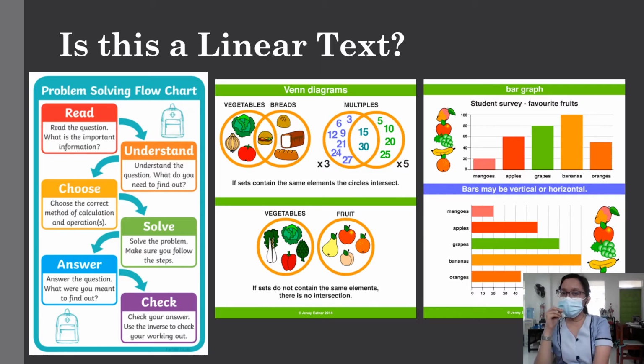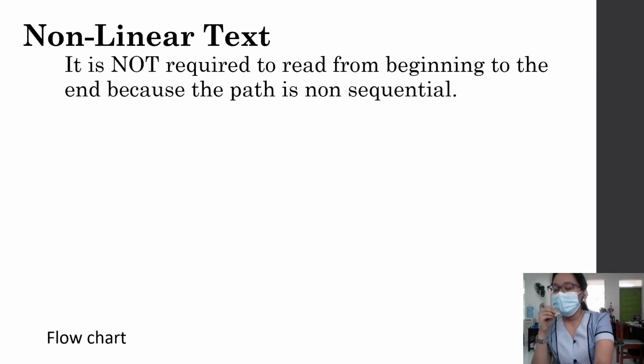If we say that in order for us to consider a linear text as is, there should be a paragraph, right? Because we have to read from beginning to end. Do you see a paragraph in the PowerPoint? Okay, you don't see a paragraph in the PowerPoint. So is this a linear text? Very good.